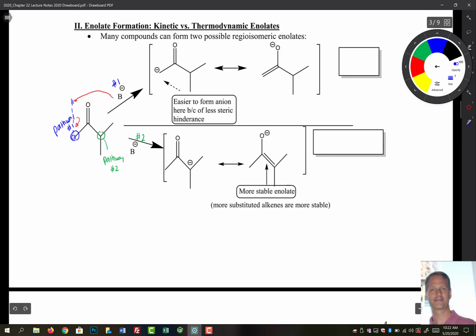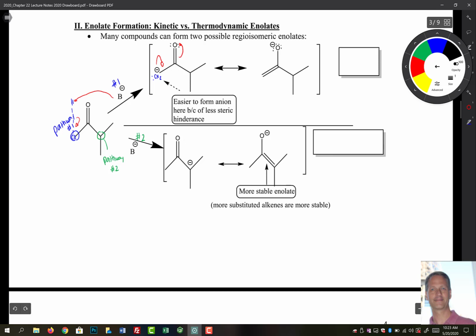What that gives us here is a CH2 minus. And of course, this has resonance to give us that, right? And then that would give us an oxygen with a negative charge on it. We'll look at this little notation that I've boxed in just a second, but that's the first possibility.